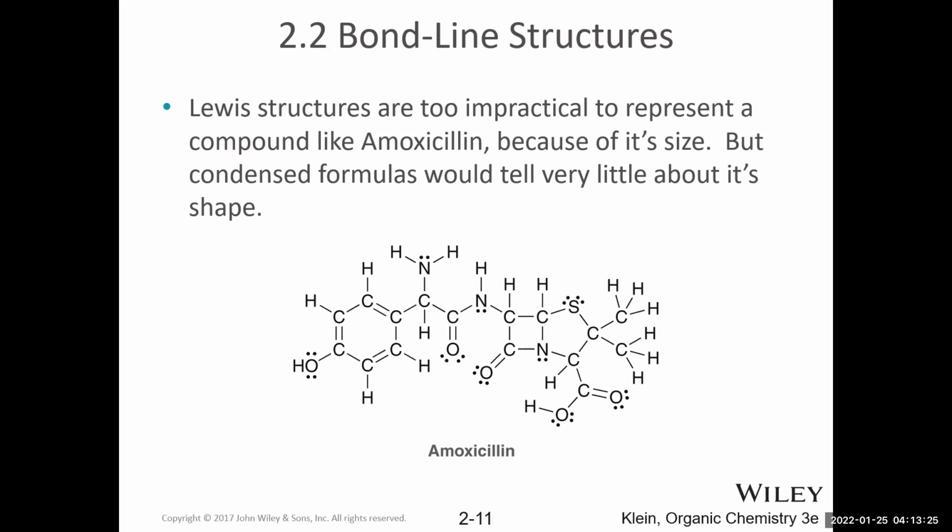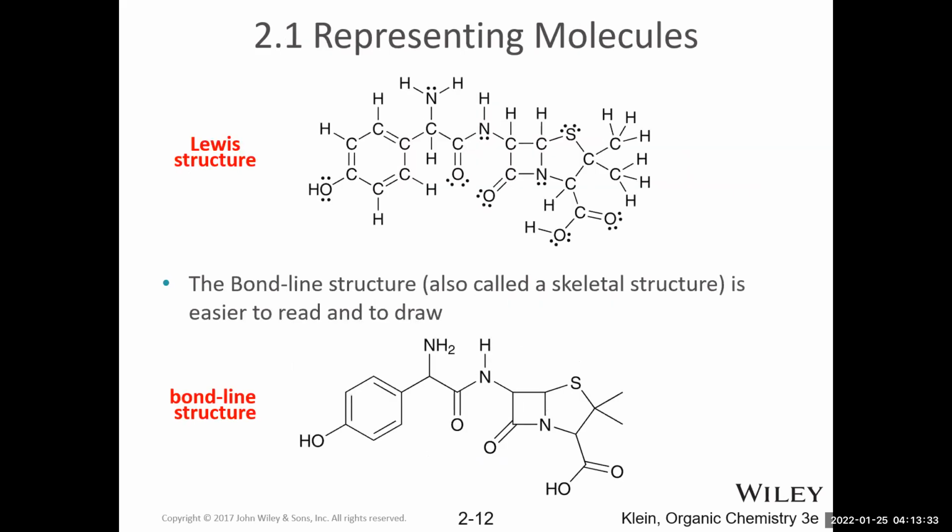We can't just use a molecular formula. So instead, we're going to learn how to draw what's called a bond line structure. And this is the bond line structure for amoxicillin. It's a lot easier to draw, but it still has all the information if you know how to read it.